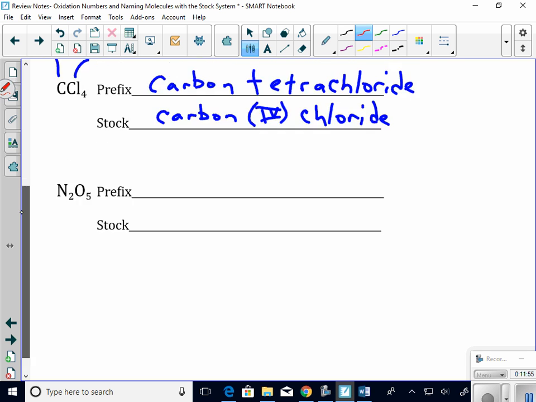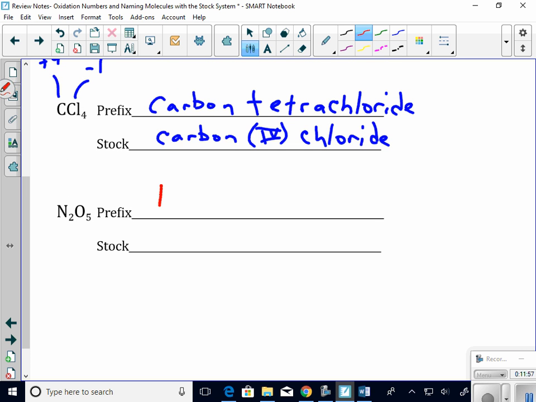My final one, dinitrogen pentoxide. -2 and +5.